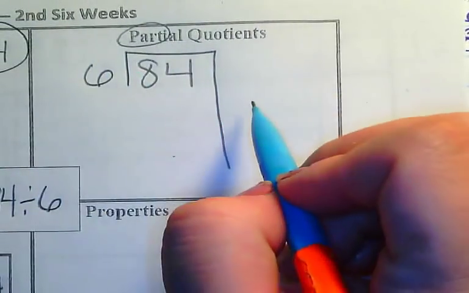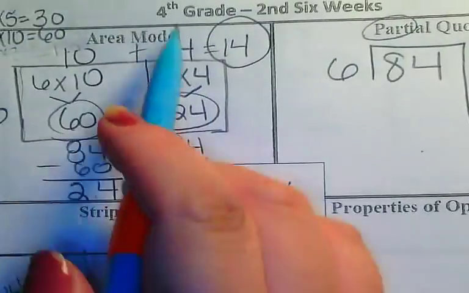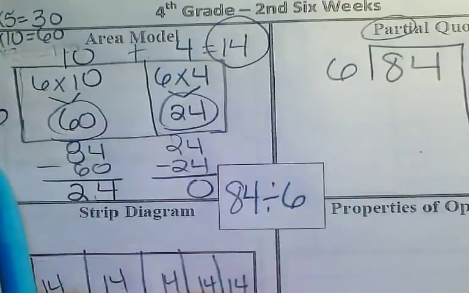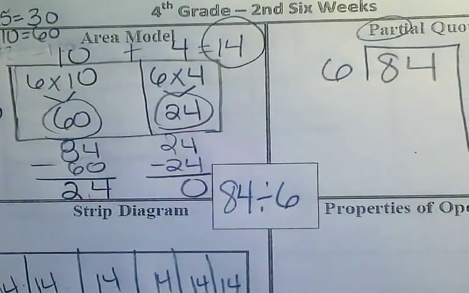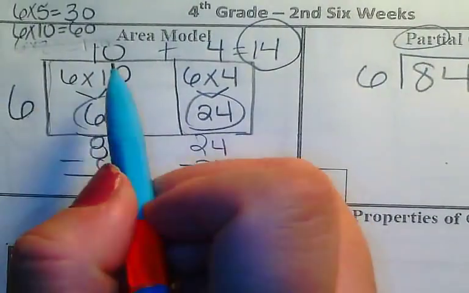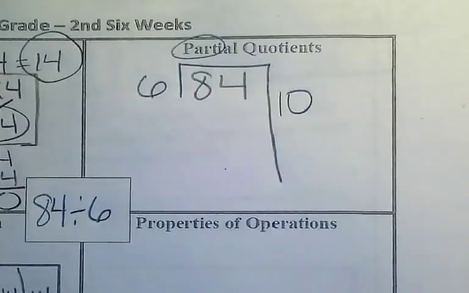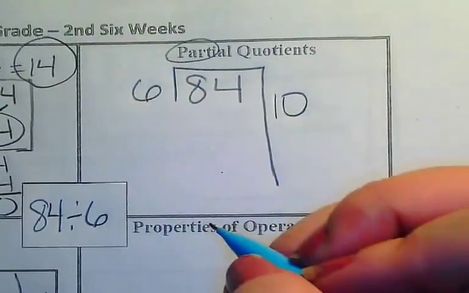We said first about how many groups of 6 went into 84. We did what first? What was our first section there? We did 10. So 10 goes on the outside, and on the inside, guess what we got?